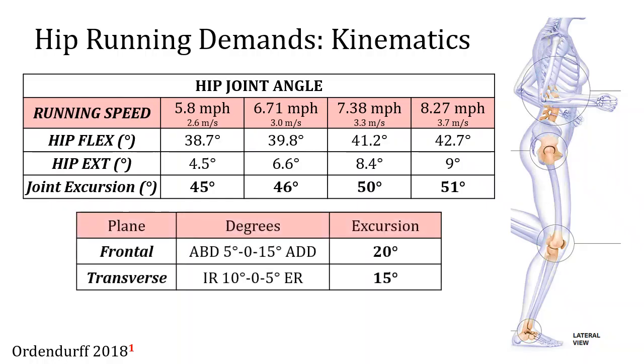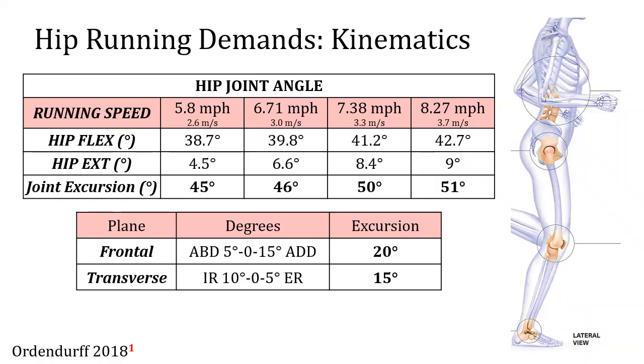When we look at the frontal plane, so the hip abduction and adduction, you want at least about 20 degrees. And then in the transverse plane, you want about 15 degrees of hip internal and external rotation. In what position? Typically, people are looking at hip rotation in a flexed position.